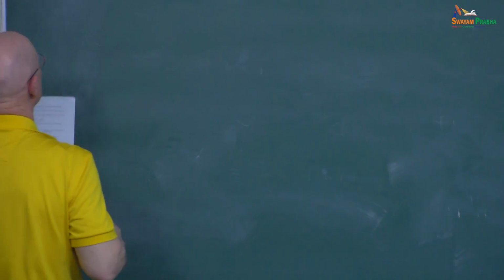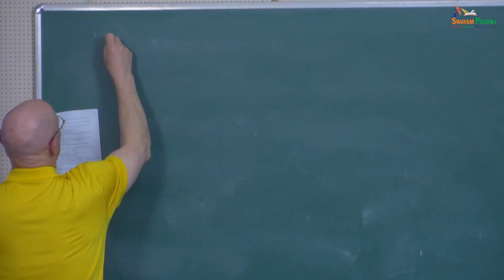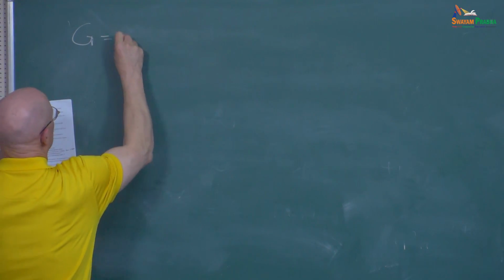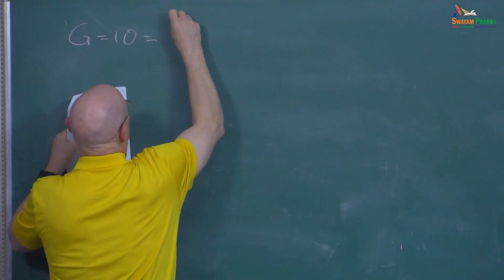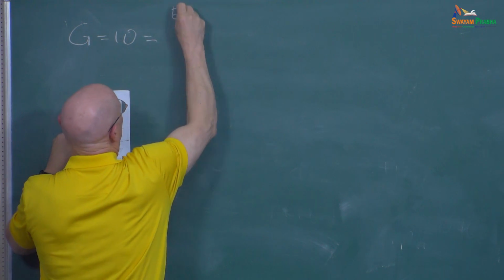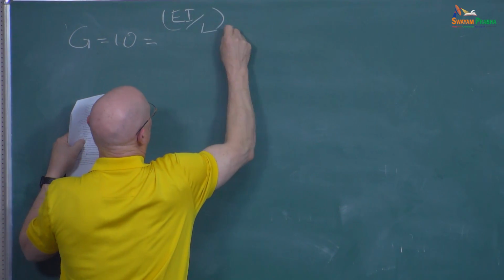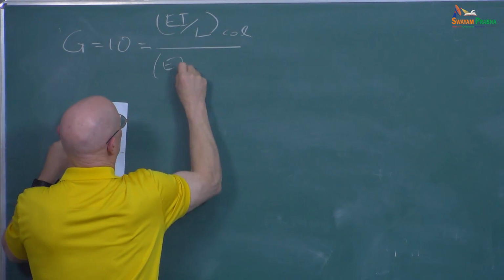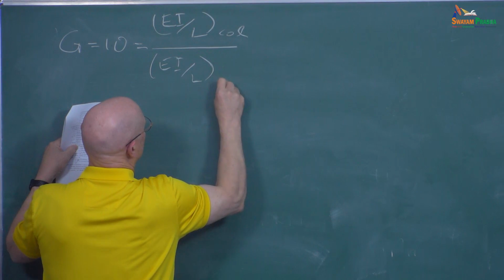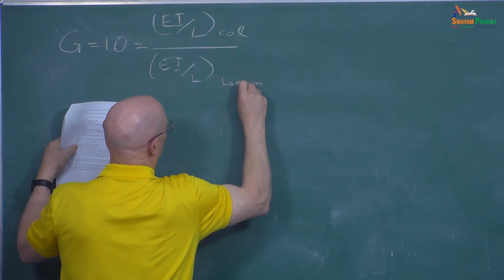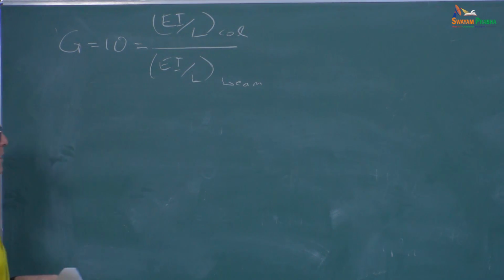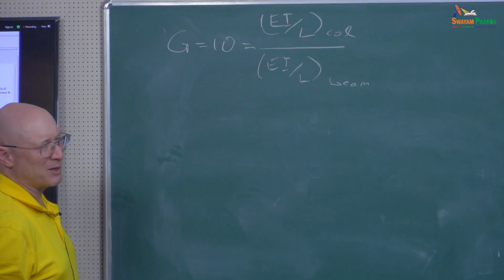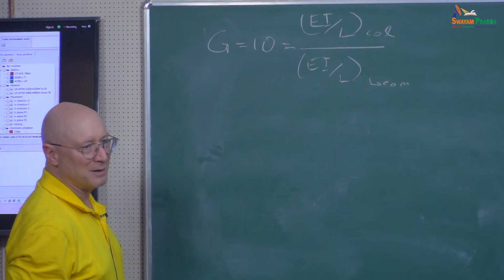With the alignment chart, we basically say, oh, if you have a pinned-in detail, use G equals 10, which is your EI over L of the column by the EI over L of the beam. Well, there is no beam, but we're saying, oh, it's a rotational spring equivalent at the base. So that's kind of the same thing as what the Indian code is saying.